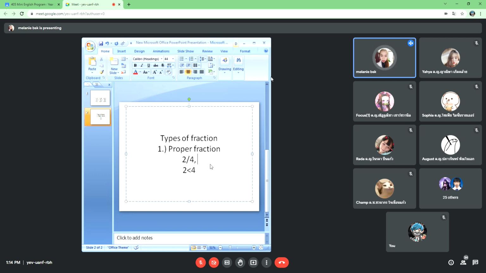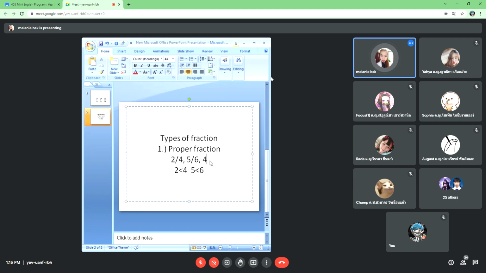What else, children? How about 5 over 6? Is this a proper fraction? Yes or no? Yes. Why? Because 5 is less than 6. Correct. Okay, one more.